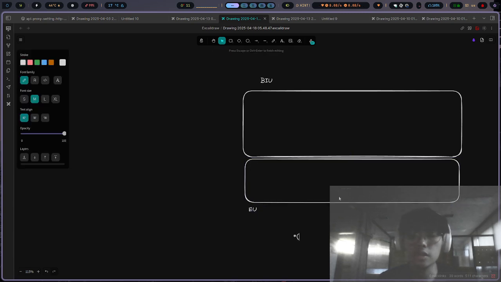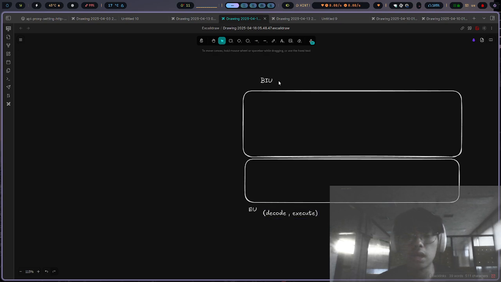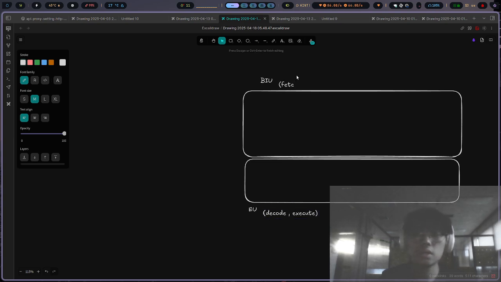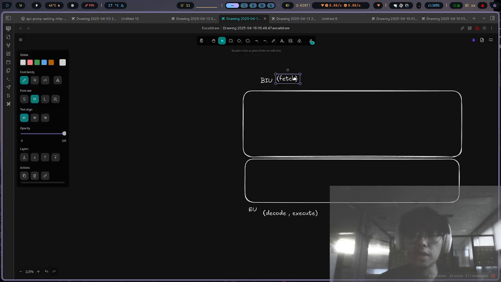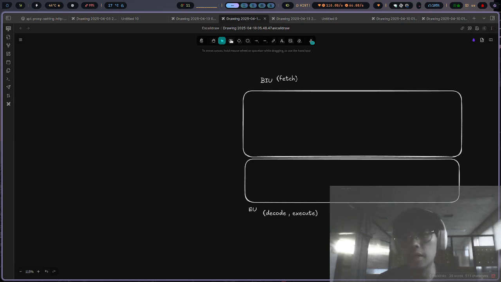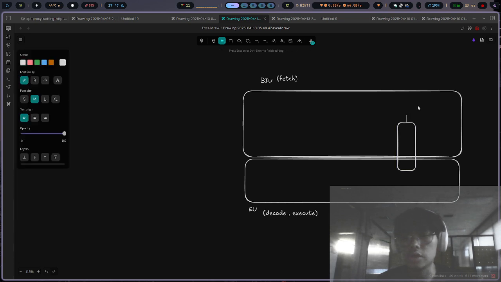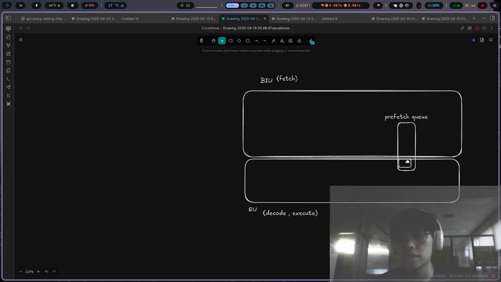In the EU there are two things: decode and execute. In the BIU there is fetch. They communicate via the bus, and there's a prefetch queue, which is just for sending the instructions.